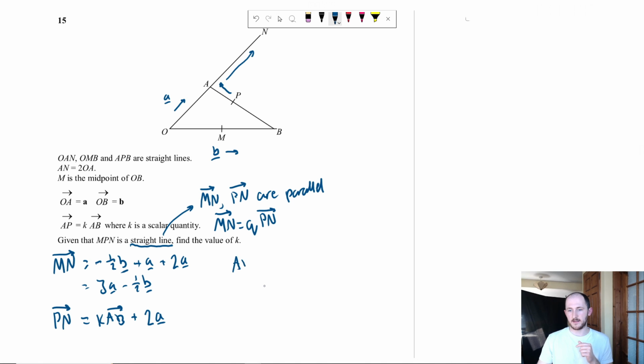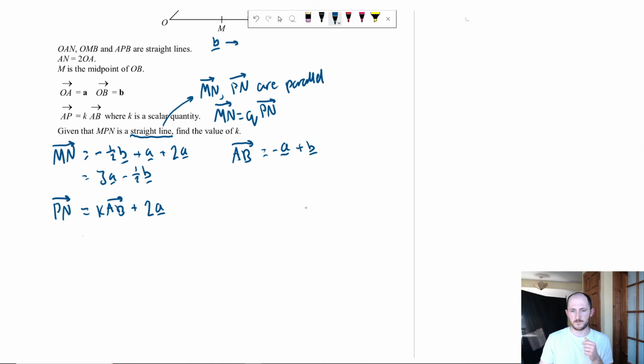Now the question is, what's A to B? Well, A to B, I have to go from A to O, so negative A, and then from O to B, which is plus B. So in other words, it's going to be K times (minus A plus B) plus 2A.